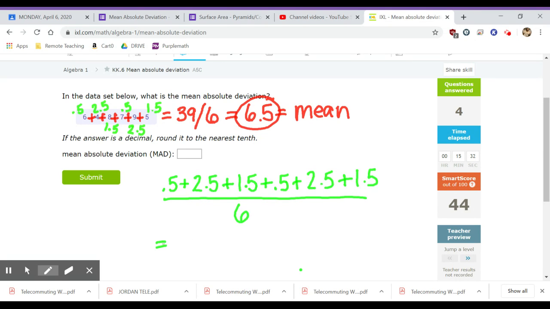Okay, I'm going to type these in my calculator. I'm going to be very careful. 0.5 plus 2.5 plus 1.5 plus 0.5 plus 2.5 plus 1.5. That's going to give me 9. I still need to divide by 6. And that gives me 1.5 for our mean absolute deviation.